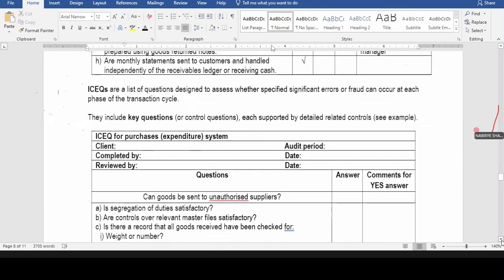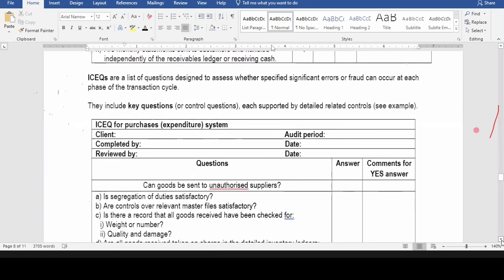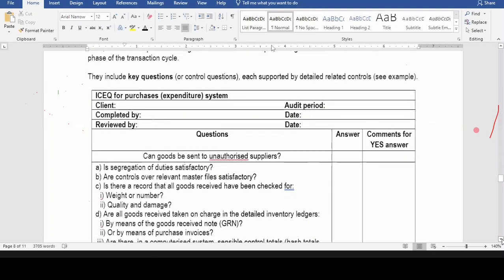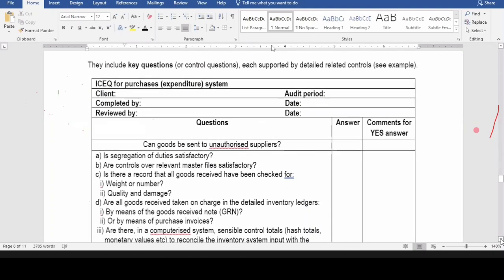The ICE2 has two parts: key questions and subsidiary questions. Key questions are the major questions. For example, in purchases, one of the important controls is that goods purchases should be authorized, bought from authorized suppliers.